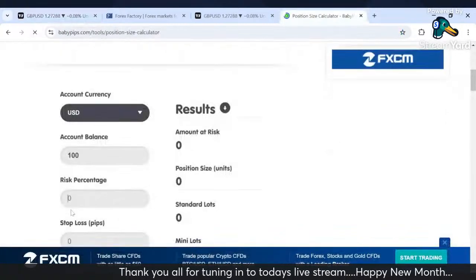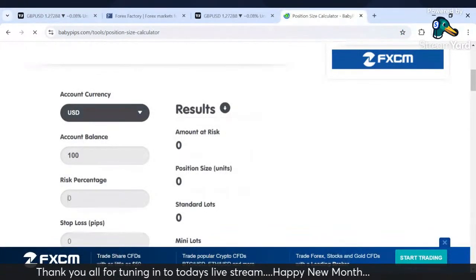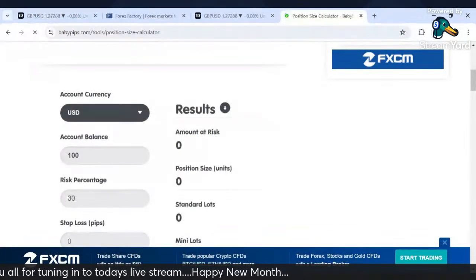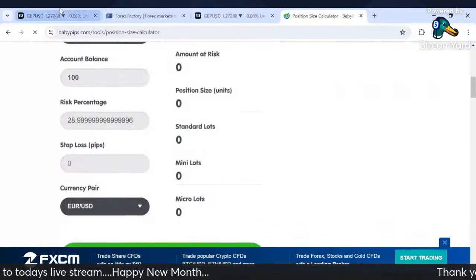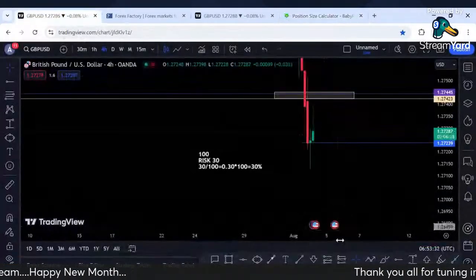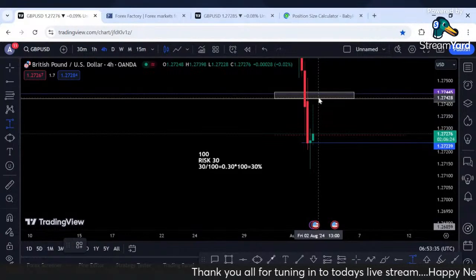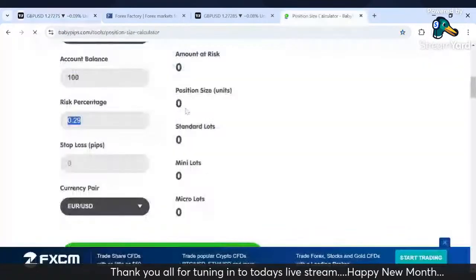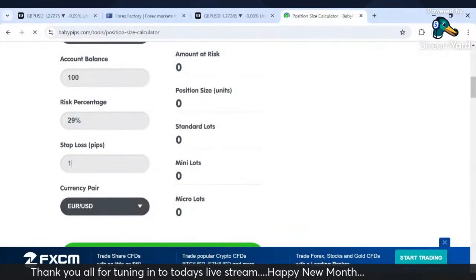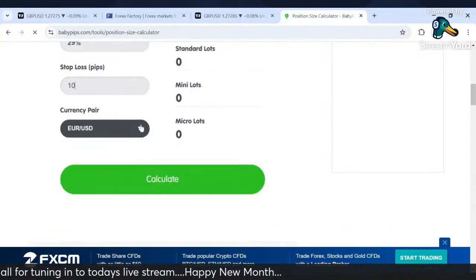So if you come to the position size calculator, you will know what you will input over there. You input $30 over there. Then you have to calculate your stop loss. So maybe your stop loss is 10 pips. So you put 10 pips over there.